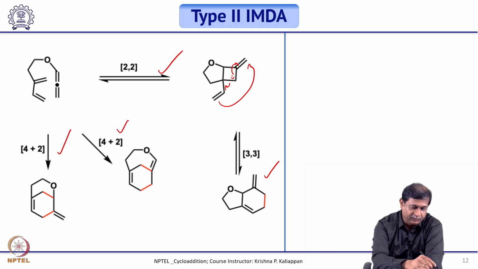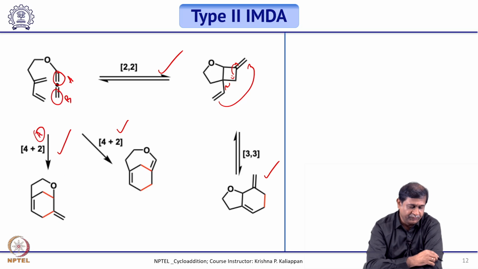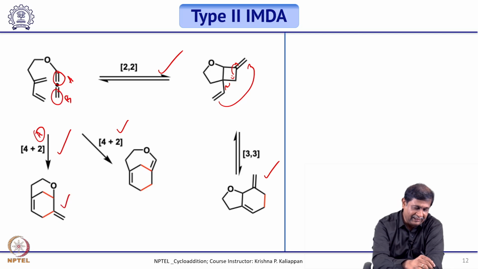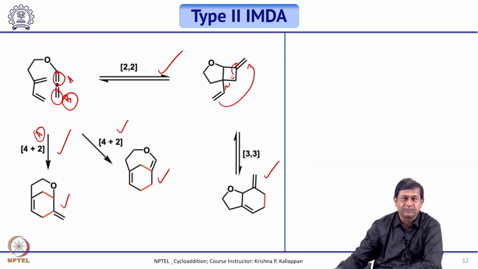There are two double bonds in the allene, A and B. Suppose A undergoes intramolecular type 2, then you get this product, and if B undergoes intramolecular type 2, you get this product.